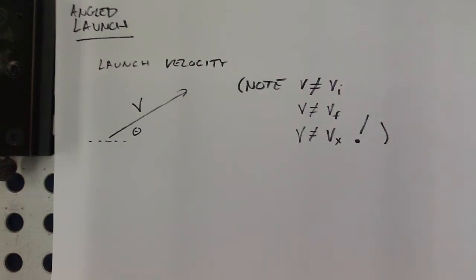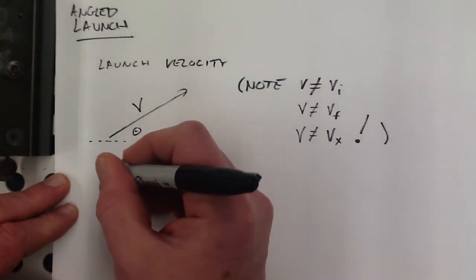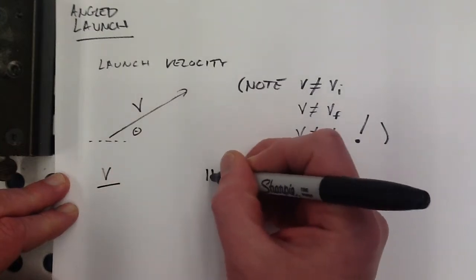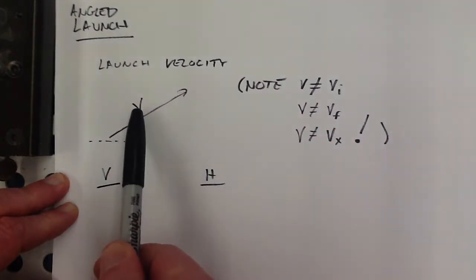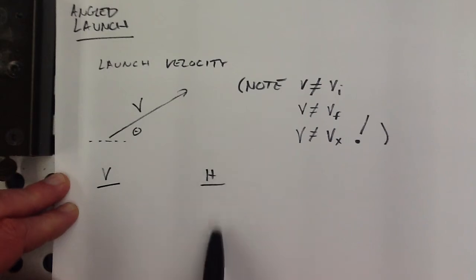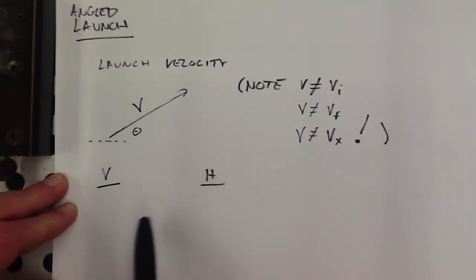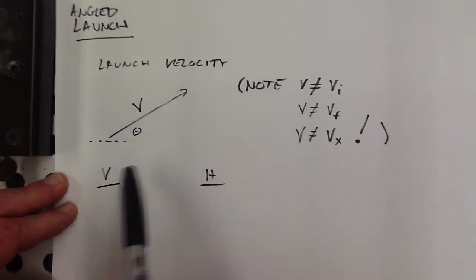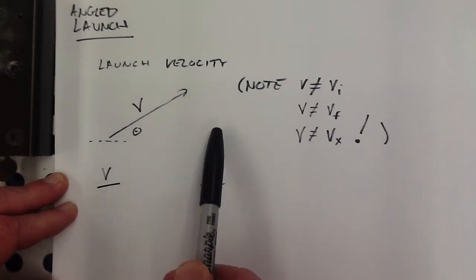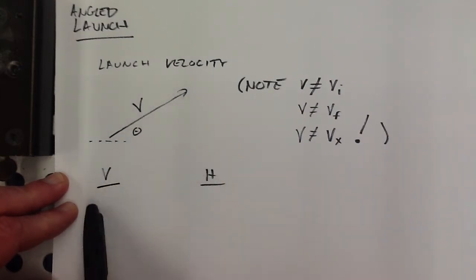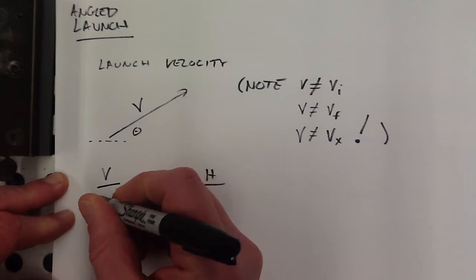It's not equal to any of those things. Now when you set up the problem with your vertical stuff and your horizontal stuff, that number is not going to show up anywhere here. Why not? Because this number is not vertical and it's not horizontal. It's some of both. So we have to split this up so that we know what goes where.